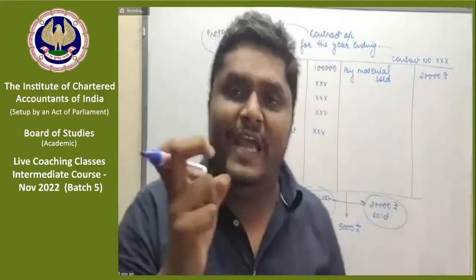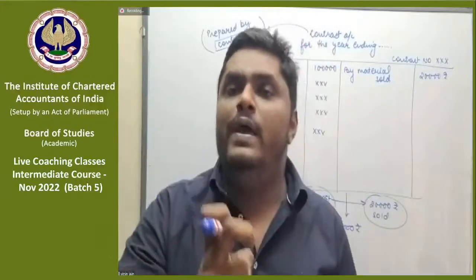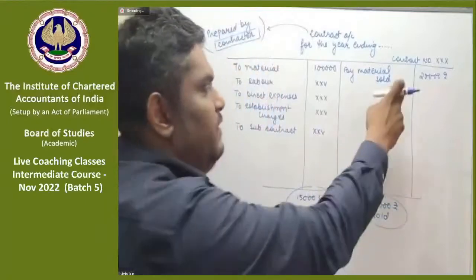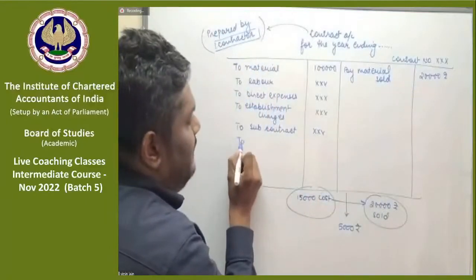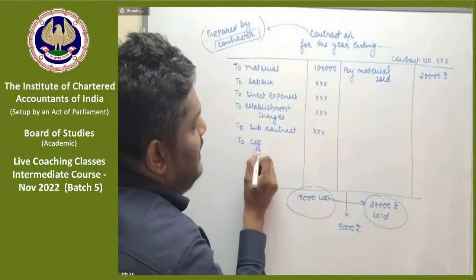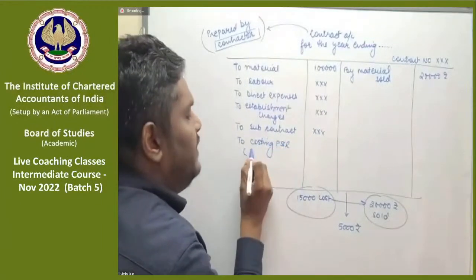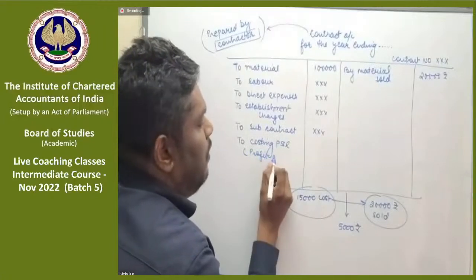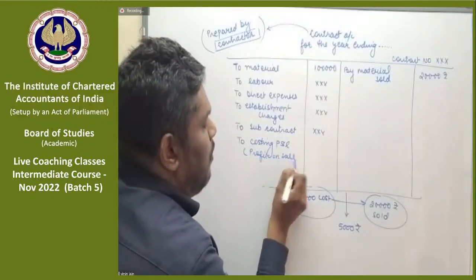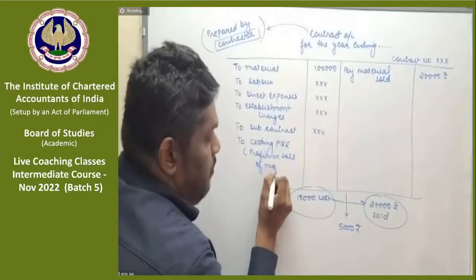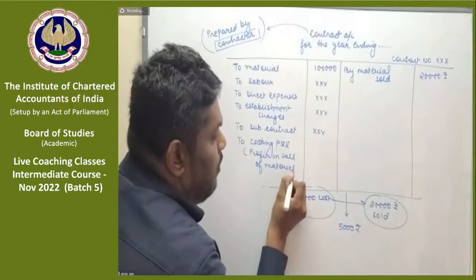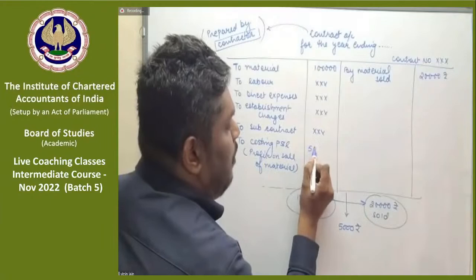And since this 5,000 is nowhere related to this contract, the effect of this 5,000 will be removed on the debit side, that is, to costing P&L, profit on sale of material, 5,000.